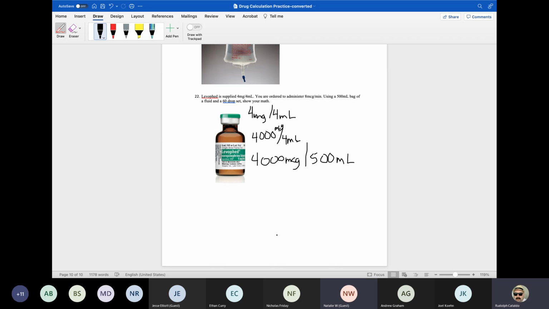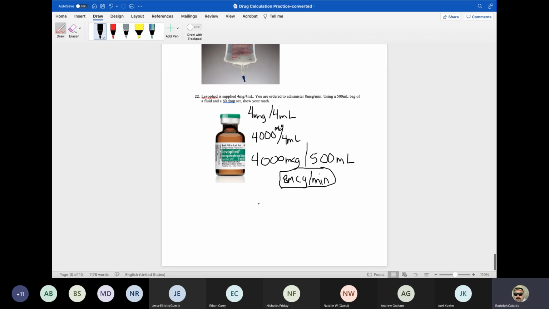So now, with this, I know that there is 8 micrograms per minute ordered. So let's write that, 8 mcg per minute ordered. Don't circle it.